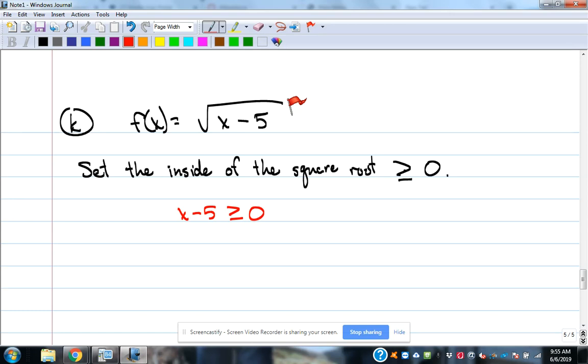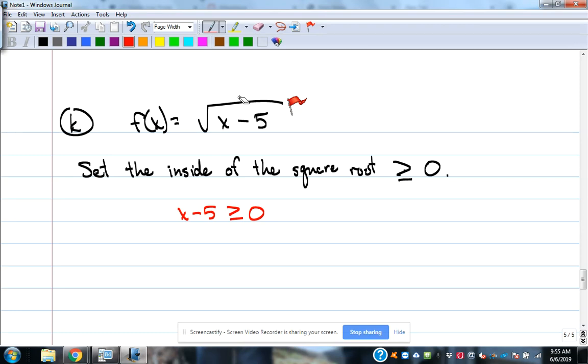We want it greater than 0 because if we take the square root of a negative number, that's where we get into the complex number system that we talked about on Tuesday. We're dealing with the real number system. Anytime you're talking about domain, you're talking about the real number system. The complex numbers are not part of the domain. So that's why we're setting it greater than or equal to 0.